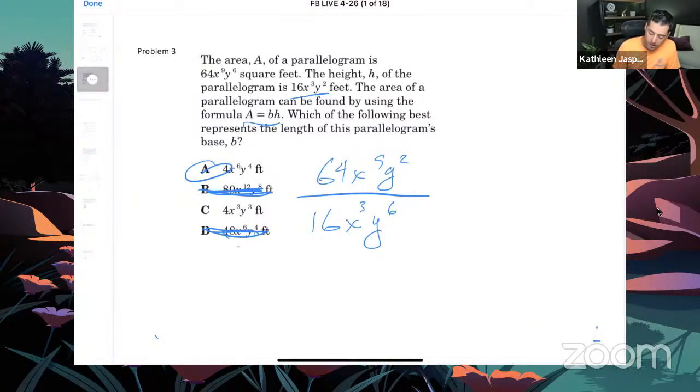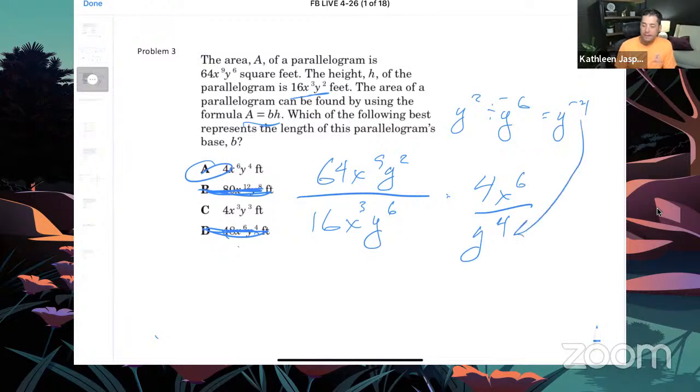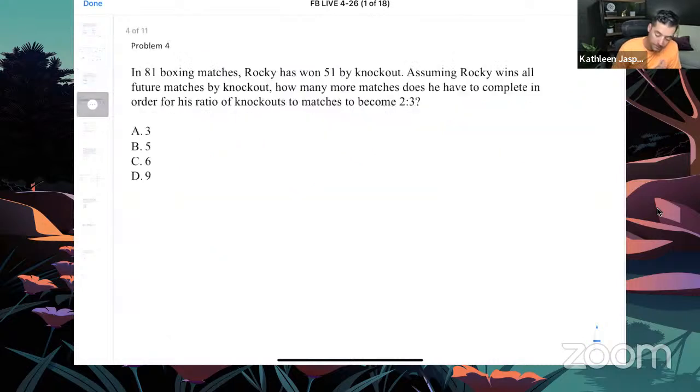Then it would come out as 4x^6, and because there's more on the bottom than on the top, if you subtract them, you get y^-4. Well, we know y^-4 belongs at the bottom, the denominator of the fraction. That's just if I would have changed that, just so you can see all the different things that happen and what they will assess you on with these types of problems.